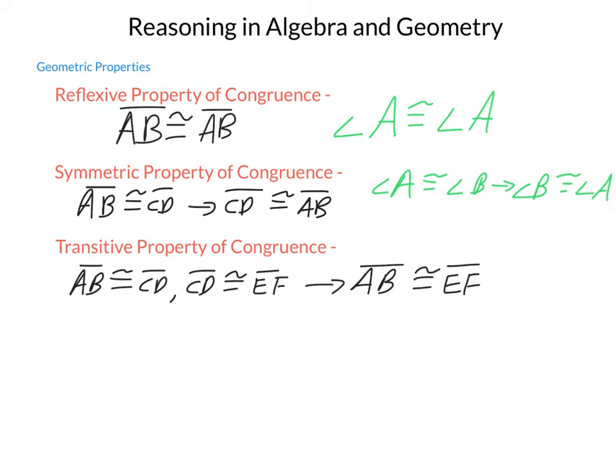So just like with the algebraic property, I can simply skip over this middle linking piece and move from the first to the last. Okay.